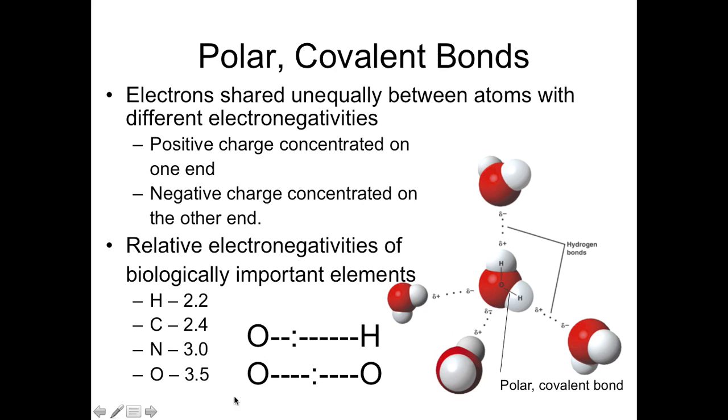But this oxygen atom is just as electronegative as this oxygen atom, so the electrons are going to be shared exactly equally. There's not going to be more of a force from one oxygen than from the other because they have the same electronegativity. There's a difference of 0. Okay, so this is not a polar bond. Okay, the molecular oxygen does not have a polar bond.